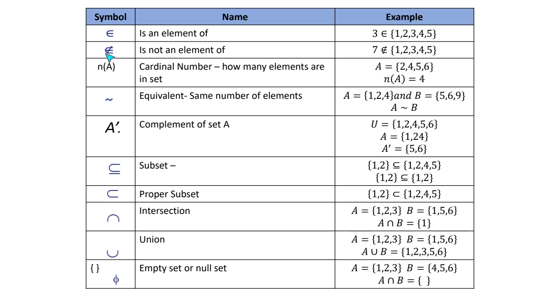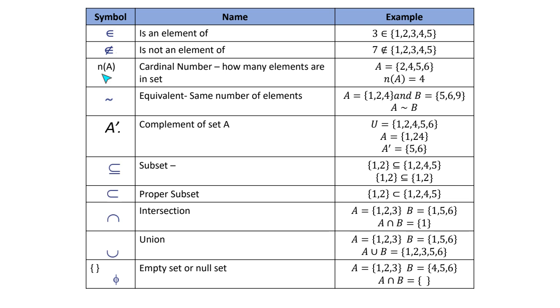The second symbol looks like the first symbol, but it has a line through it. That means it is not an element of a set. So here we have 7, and then the element symbol with the line through it. That means 7 is not in the set 1, 2, 3, 4, 5.